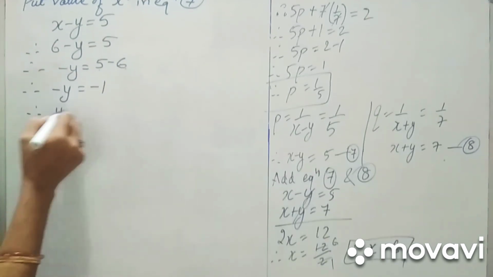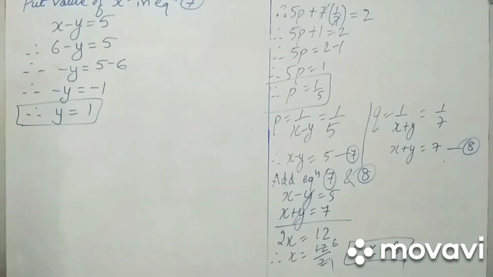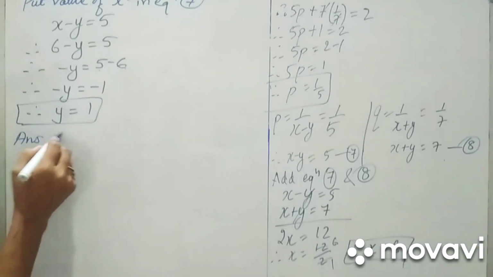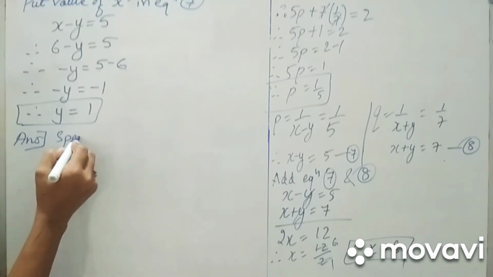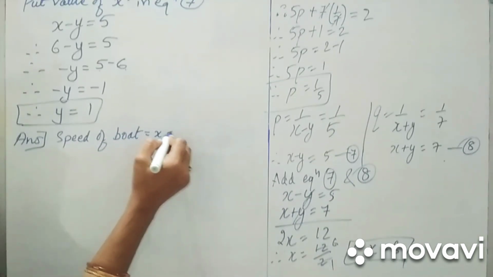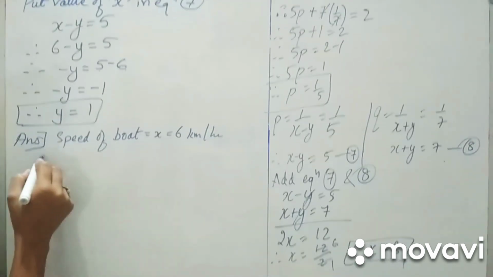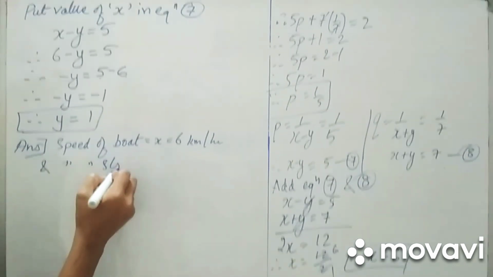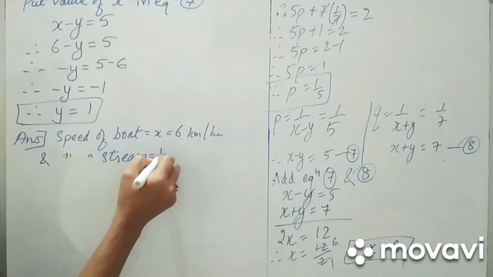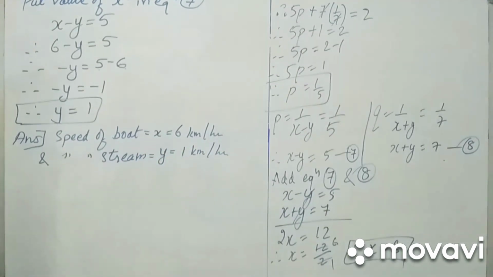Therefore the minus signs from both sides are cancelled. y is equal to 1. So the answer is: speed of boat is equal to x is equal to 6 km per hour and speed of stream is equal to y is equal to 1 km per hour.